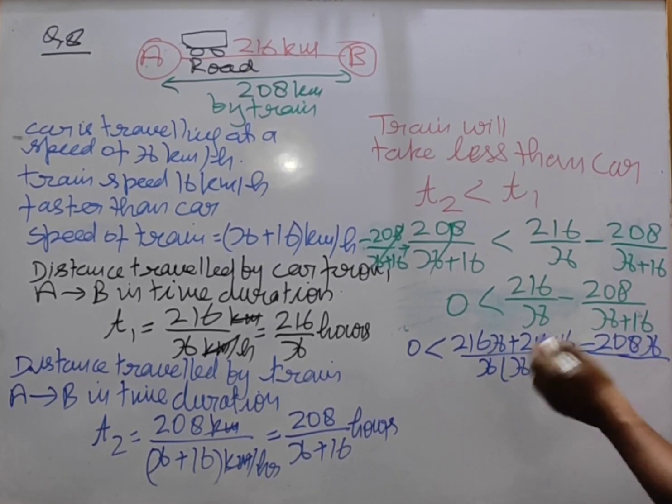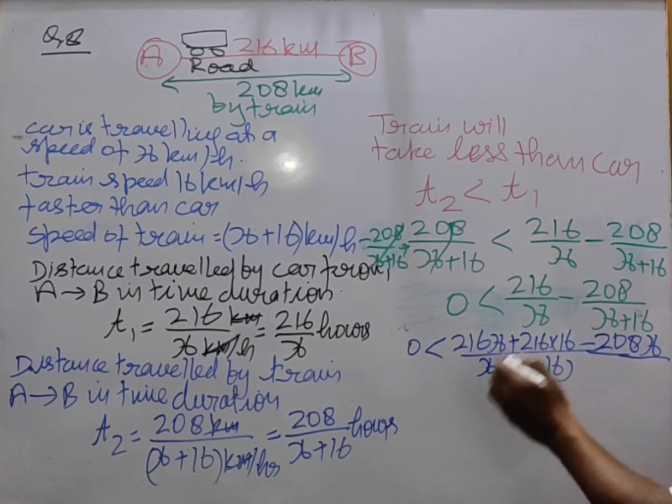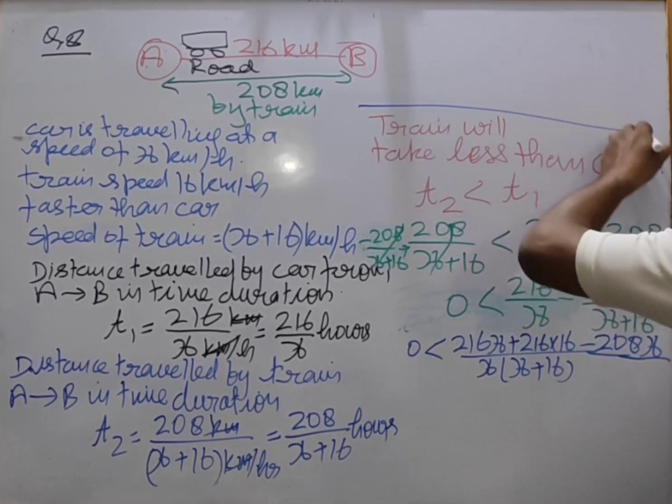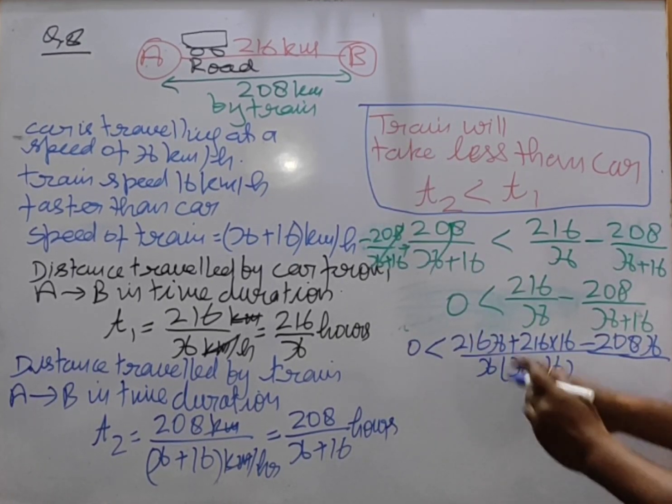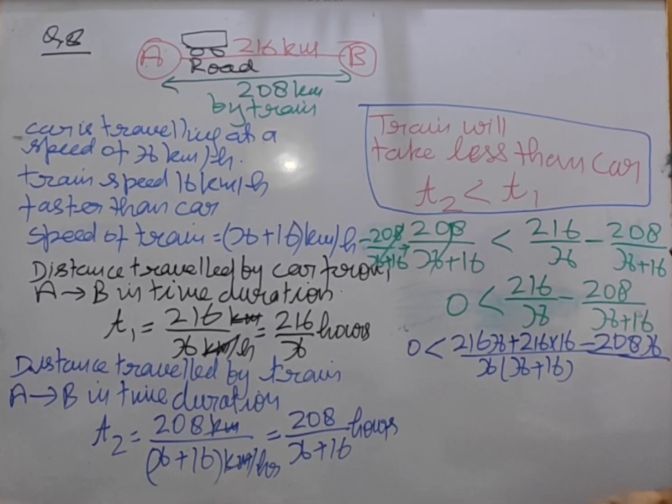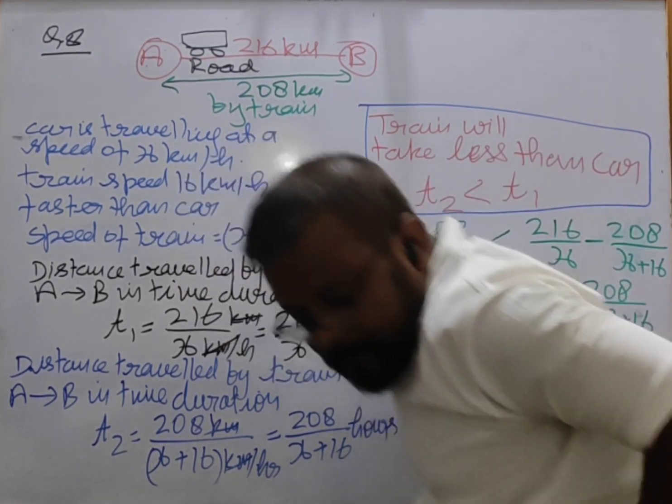No, it is complicated. Don't go further. This is the final answer, right? Since it is going to be complicated, we can solve it, but it is going to be very complicated. So thank you. This was question number 8.